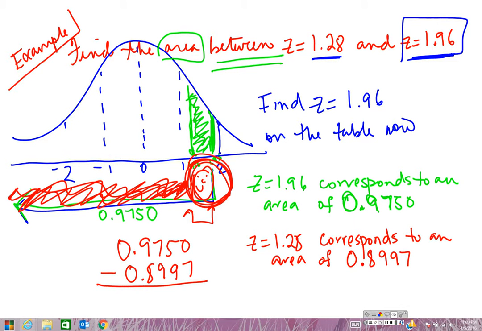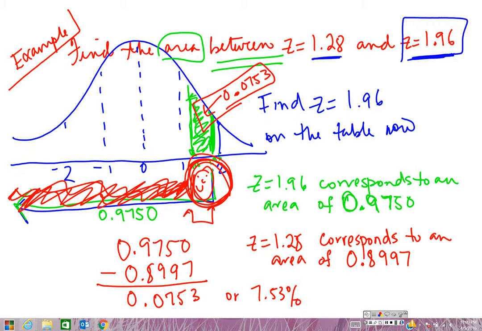So when we subtract that, we get a very small number of 0.0753. Small number like we predicted it would be, which is about 7.53% of the bell curve.